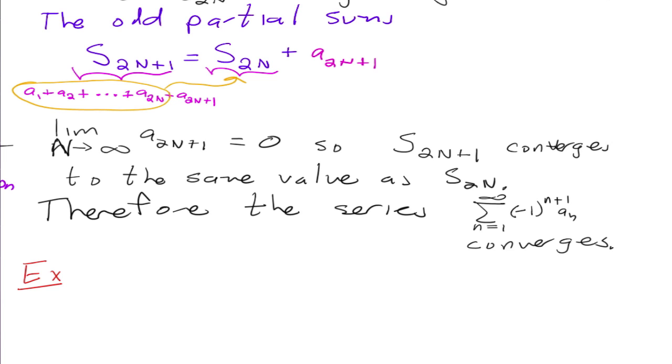So let's say we want to test, let's see, what do we want to test? How about the series n equals 1 to infinity of -1 to the n times n squared over n cubed plus 1.